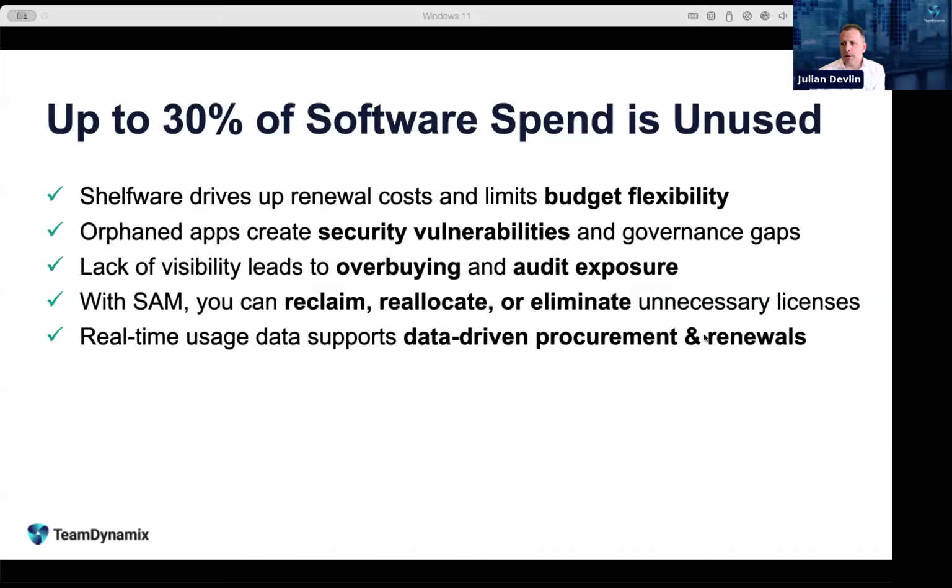Second is orphaned apps creating security vulnerabilities and governance gaps. Anytime something is installed, there is a potential security issue there. It's always a matter of evaluating that title and understanding any vulnerability that might exist. Even beyond that, it's something you have to support, right?